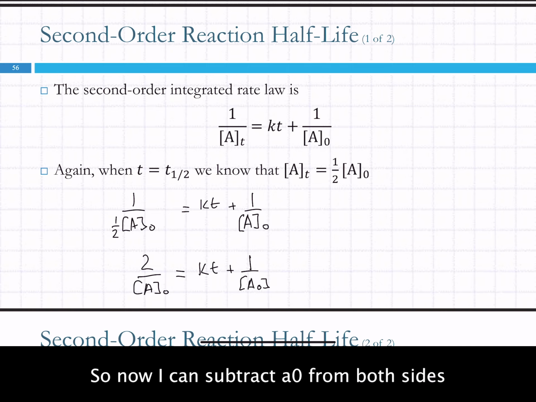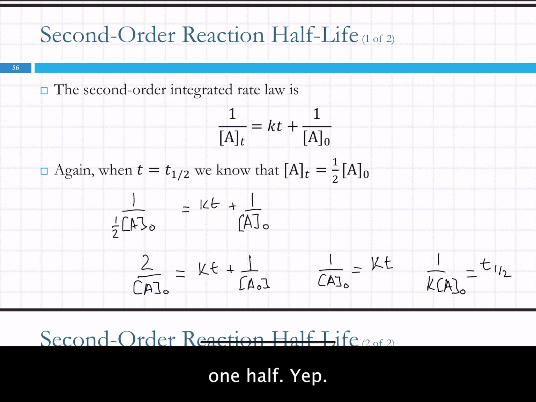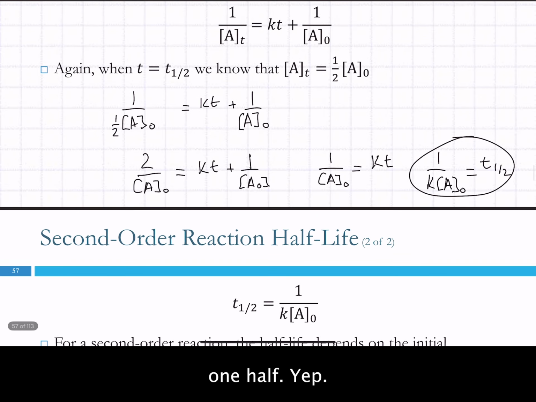So now I can subtract 1 over A0 from both sides and get 1 over A0 equals KT. So 1 over K times A0 equals T 1/2. Yep.